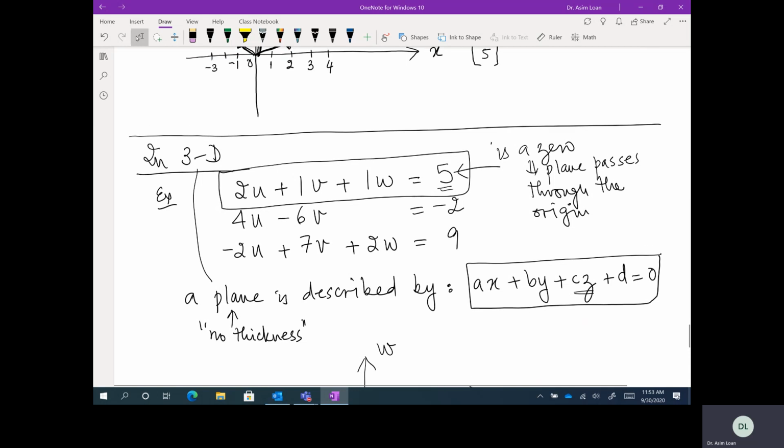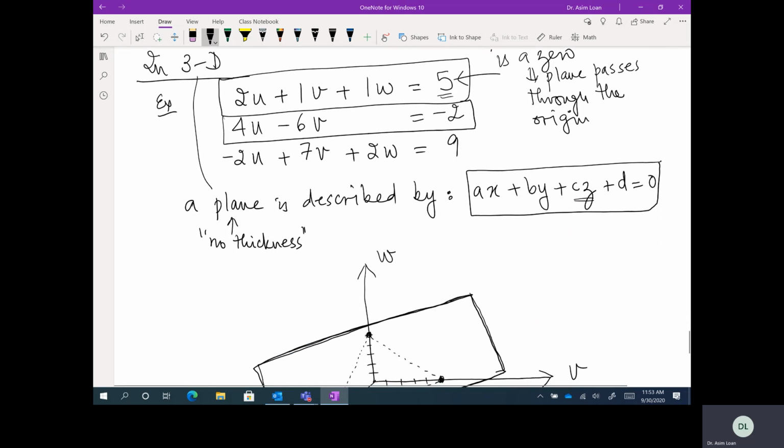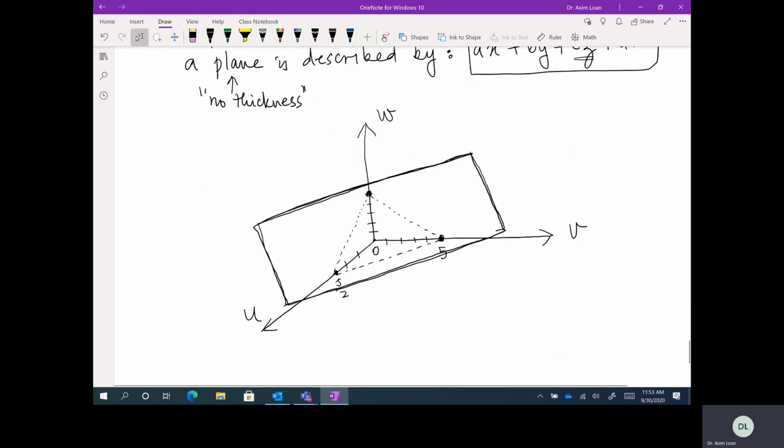So look at this plane now. This is actually a line in 3D: 4u minus 6v is equal to minus 2. So if v is equal to 0, u is equal to minus 2 by 4, which is minus half. If I extend this one, u is somewhere over here, so this is minus half.